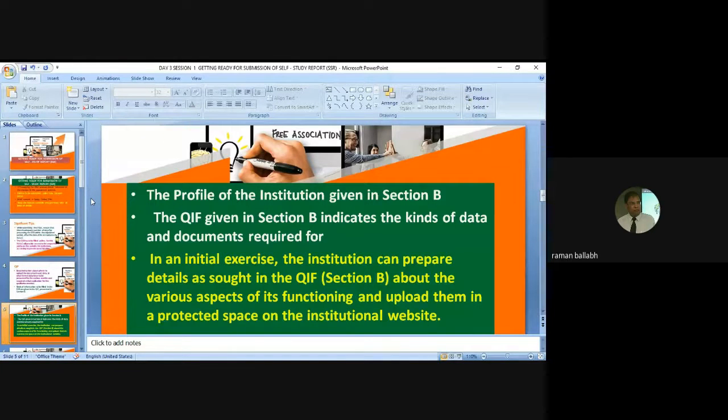You are supposed to write how many students are male, how many are female, how many are from outside your state, how many are from other backward classes or ST or SC or other reservations, defense people, a number of things are there. If you have not taken care while taking admission, if you have not created a pool while taking admission, you will be in a difficult position, because it is realistic data.